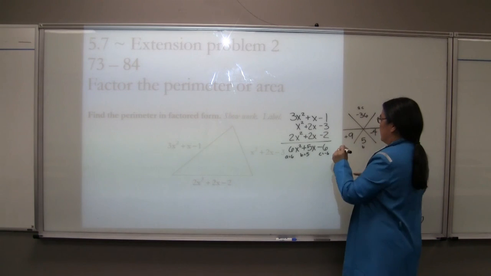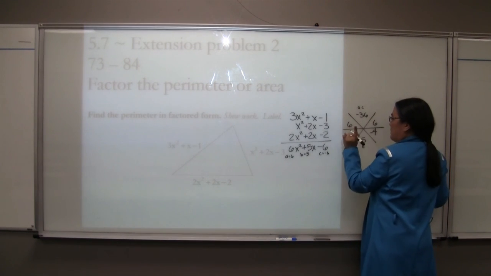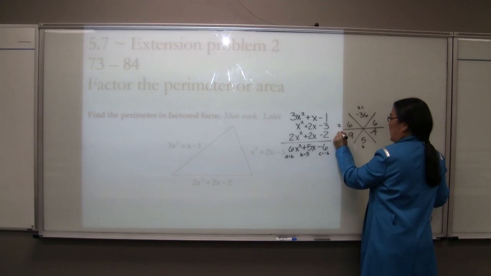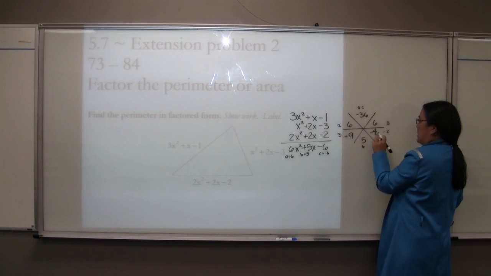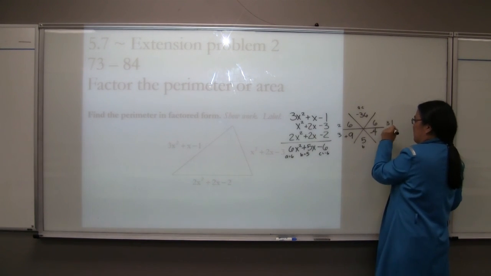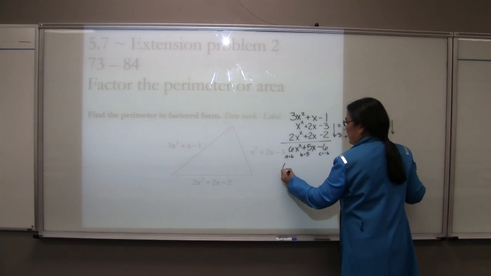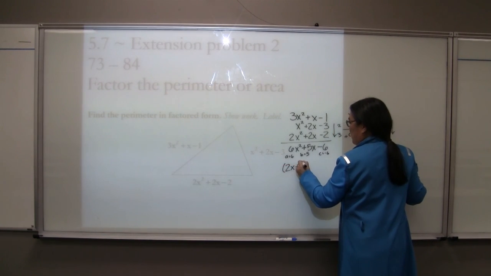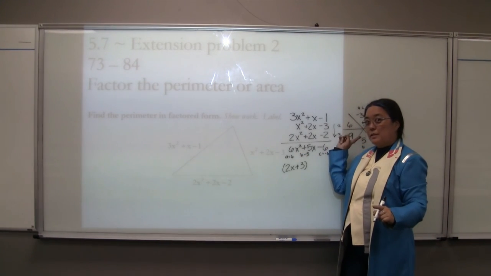Then I need A on the top, which is 6. Can I reduce? Absolutely. I'm dividing by 3. I will get 2 and 3. Dividing by 2, I will get 3 and negative 2. Remember, this negative will have to stay on the bottom. And we're reading it going down. 2 and 3 gives me 2x plus 3. Double check. It had x before we did this factoring.